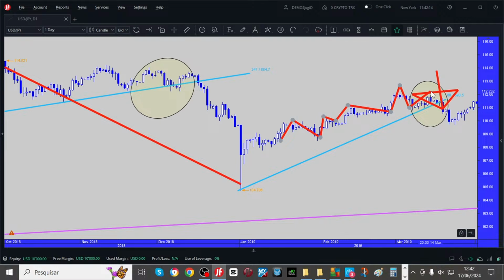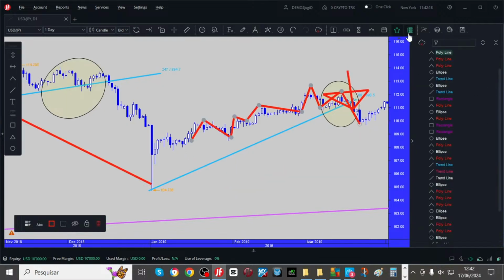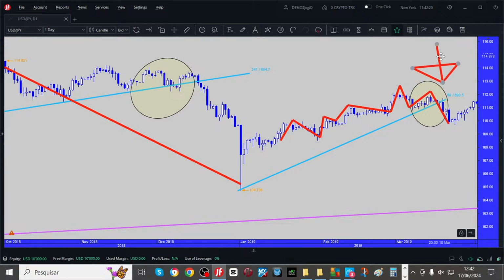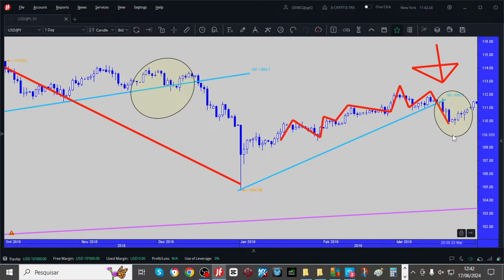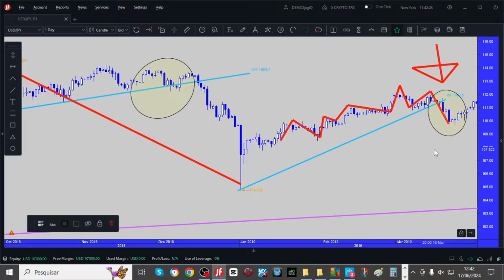And then the market broke the blue trend line, it made a lower low. And you are telling me to buy? Why? Because the market is going to go up. How do you know? You cannot speculate, everybody, make sense?